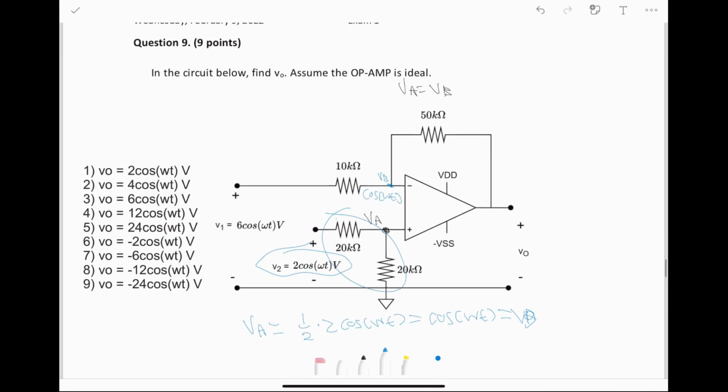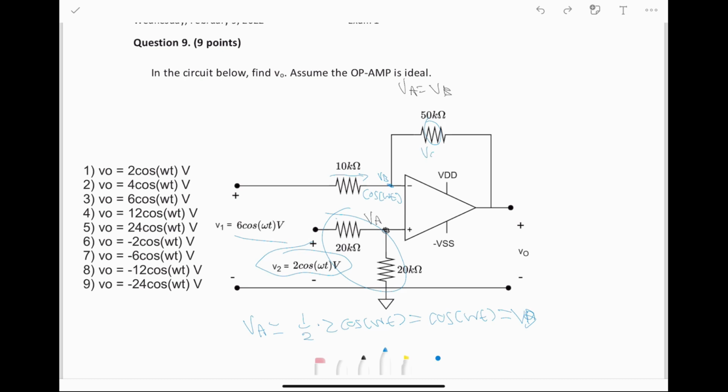Now what I meant by a more intuitive way of solving it is that I'm just going to notice that we can find the current going through this resistor by just looking at the voltage drop from this point here to this point. Then we can say the current going through this resistor is the same as the current going through this one, and that current times the resistance here, 50K, is going to be equal to the voltage drop across this.